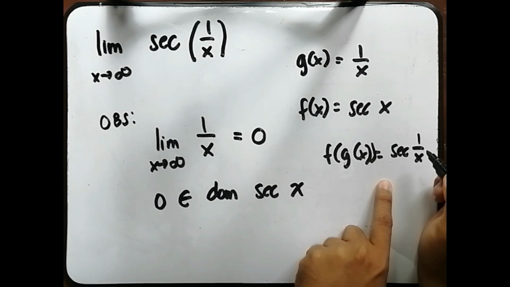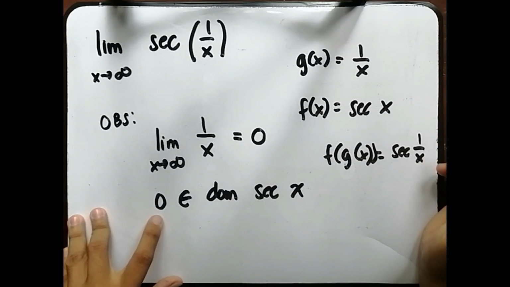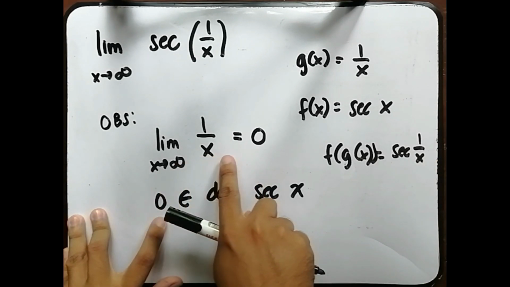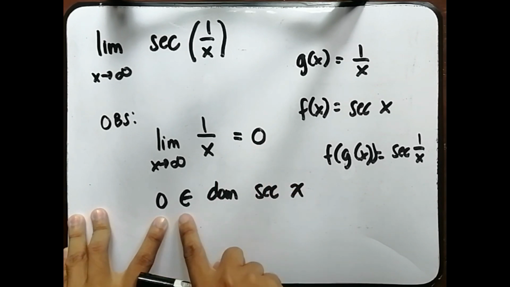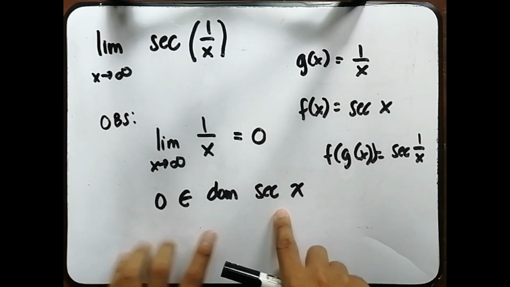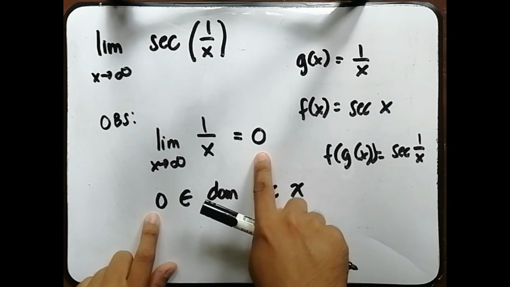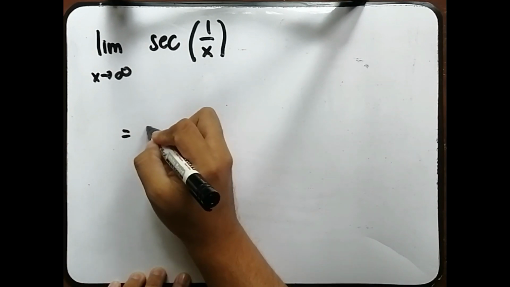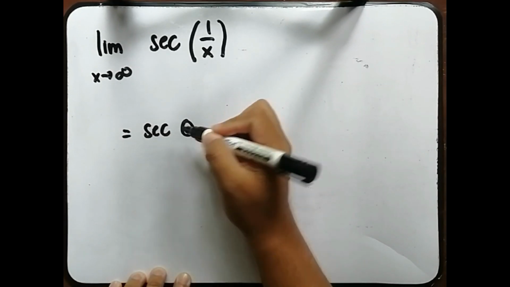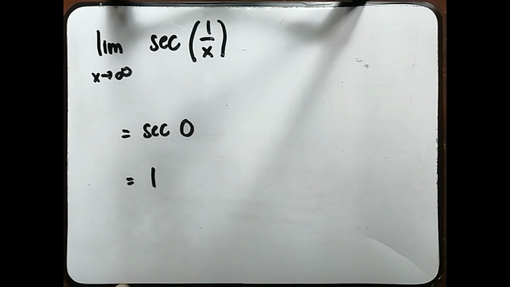Okay, so ang sinasabi niya, theorem 2 natin, kung meron daw tayong limit ng g of x natin na equal to k, at yung k na yon ay element ng domain ng secant x natin, therefore, pwede nating ilipat yung k na yon doon sa ating function. Therefore, we now have secant of 0. Okay, this is now equal to 1.